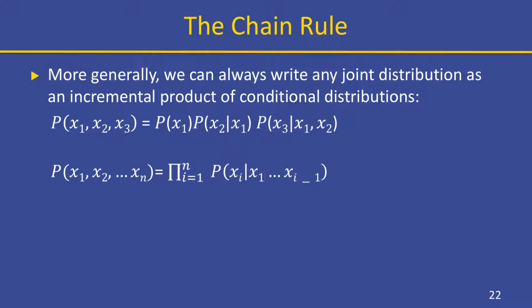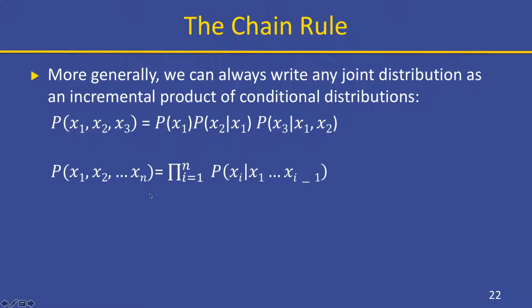A more general form of the product rule is the chain rule. It's also called the general product rule. It allows us to write any joint distribution with an arbitrary number of random variables as a product of conditional distributions. So if we have three variables, x1, x2, x3, we can write that the joint distribution of x1, x2, x3 is equal to P of x1 times P of x2 given x1 times P of x3 given x1 and x2, and so on.